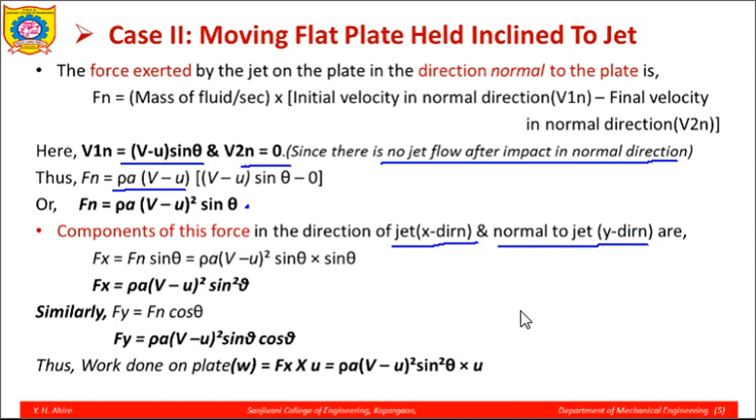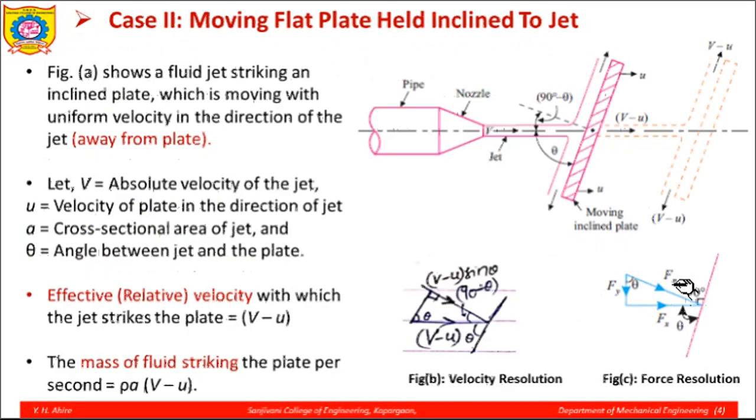What we are trying to do now: we just now derived the normal force Fn acting on the inclined plane. This is perpendicular. Now we will resolve this normal force in the direction of the jet, that is Fx, and perpendicular, normal to the jet, that is Fy.